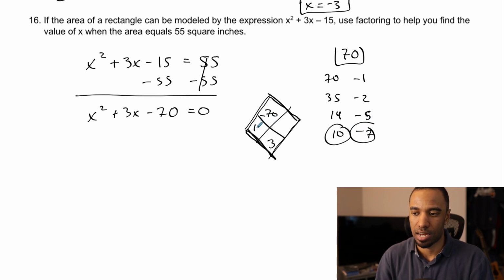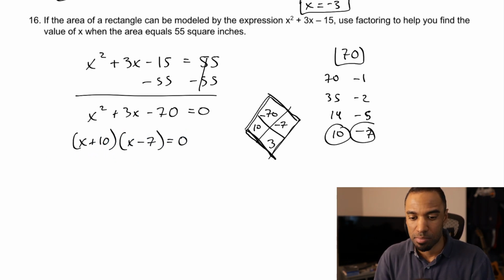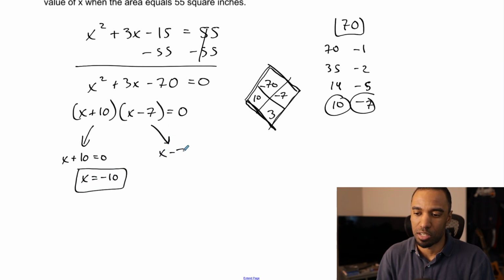This one gives you 3, 10, and negative 7. So that becomes x plus 10 times x minus 7 equals 0. If x plus 10 times x minus 7 equals 0, then either x plus 10 equals 0, subtract 10 from both sides, x equals negative 10, or x minus 7 equals 0, add 7 to both sides, x equals 7.